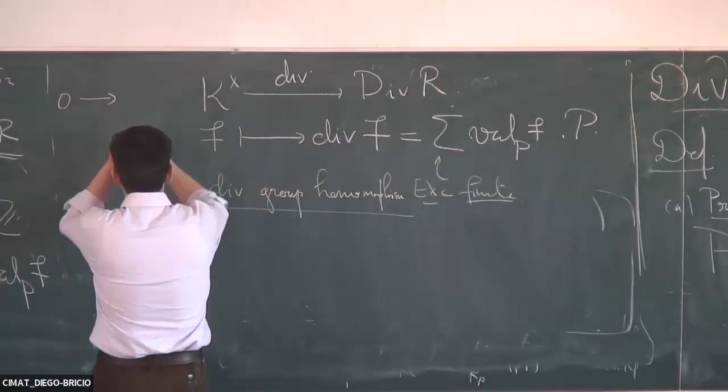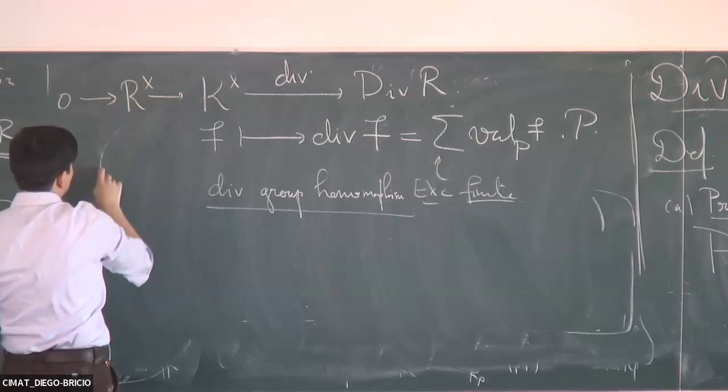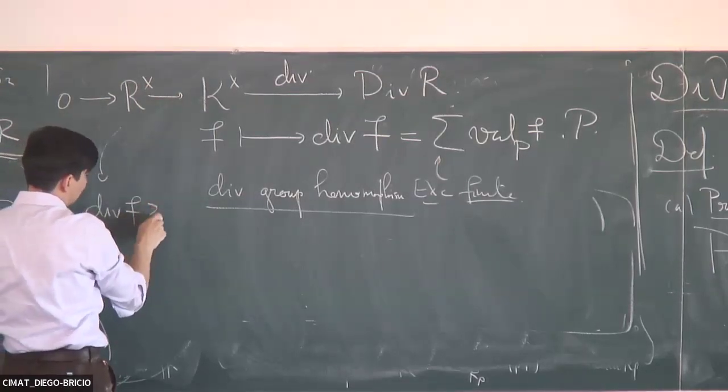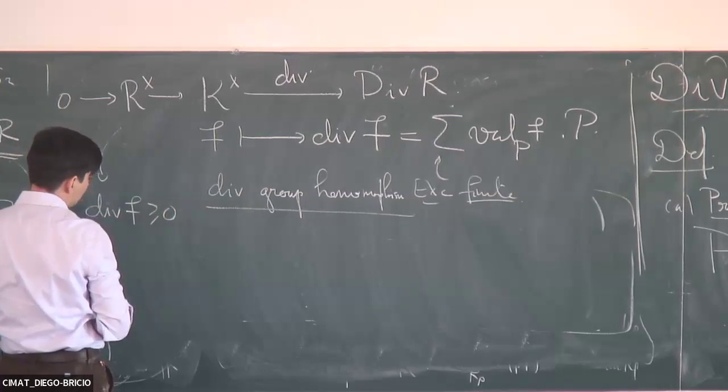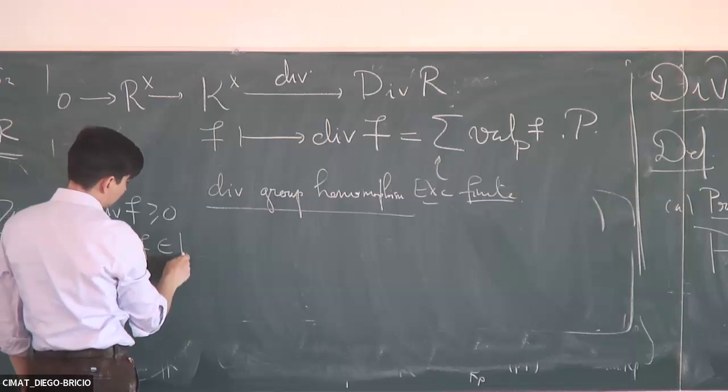Okay. So, well, this is how you prove this. Actually, you're breaking it down into two parts. The divisor of F is effective if and only if F is a regular element.